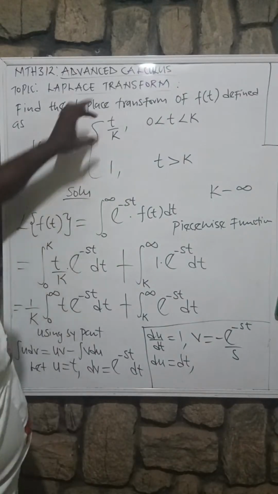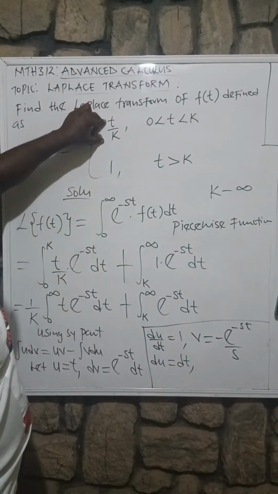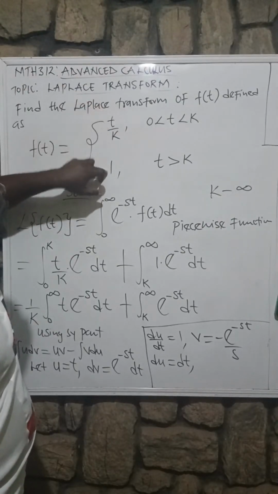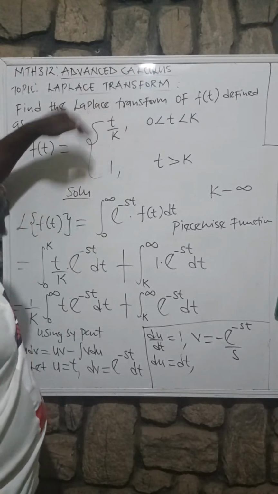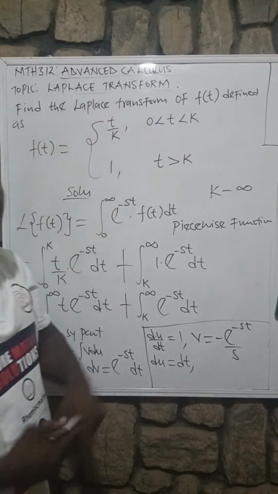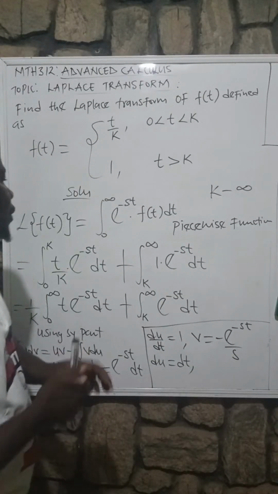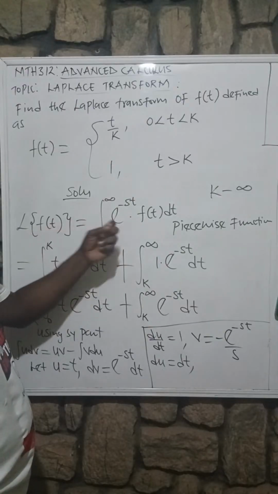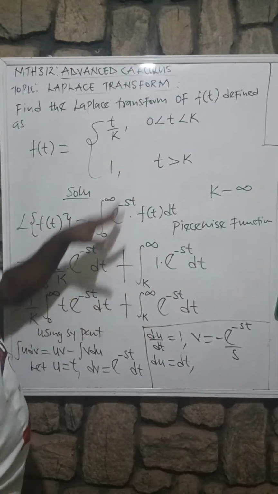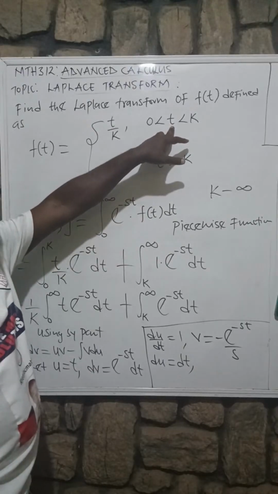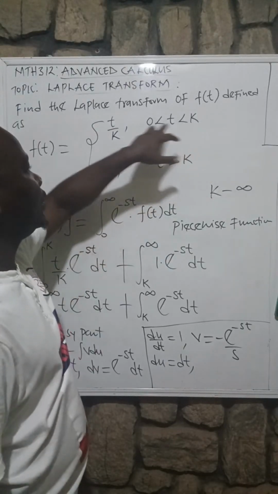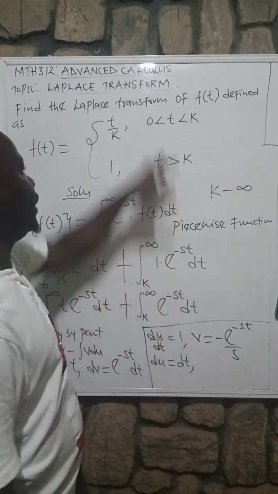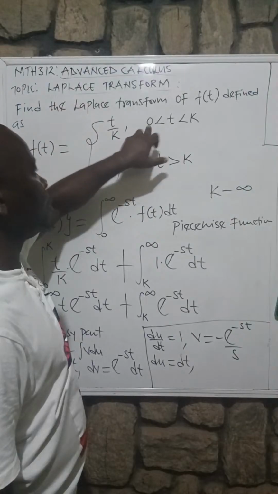What you see here is a function, and what you see here is another function. So we have how many functions? Two. Sometimes you have up to three or four. So you are going to use the Laplace transform formula, but always be guided by the interval. They will give you the interval of each function. The interval here is running from 0 to what?